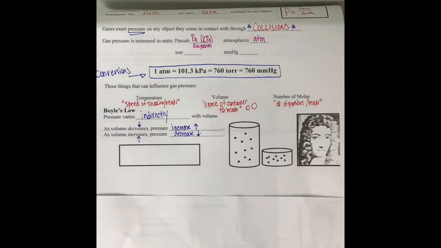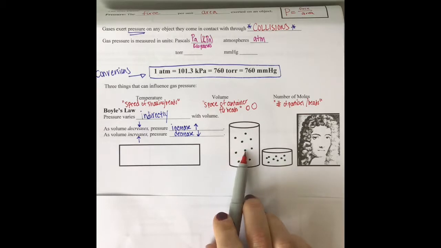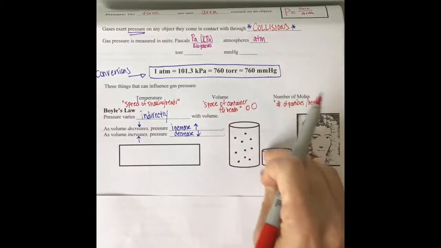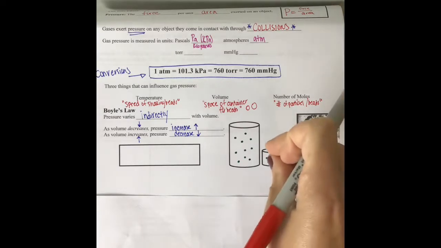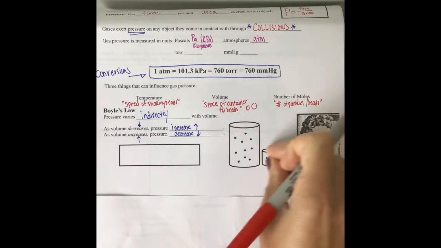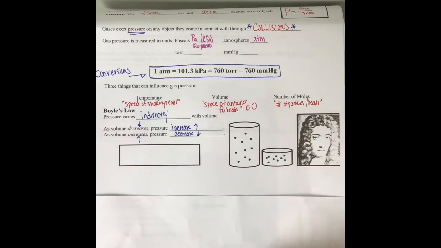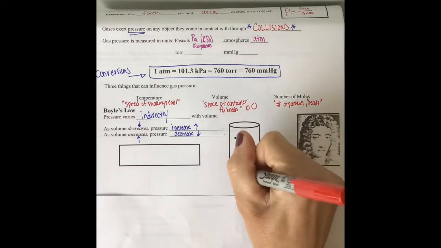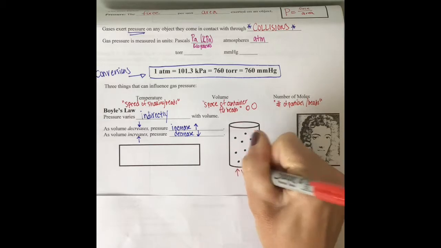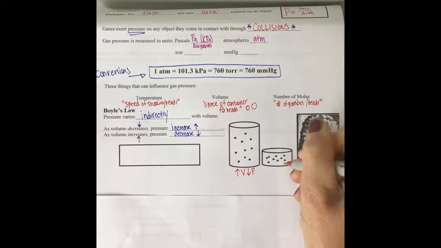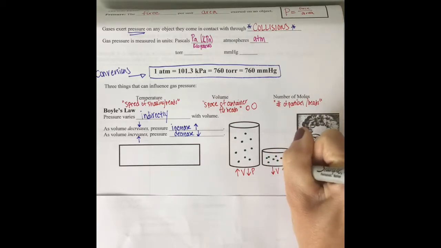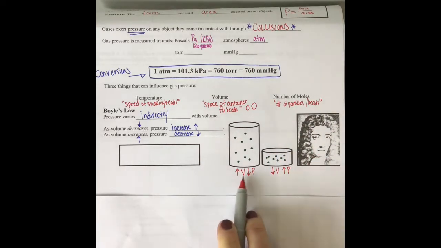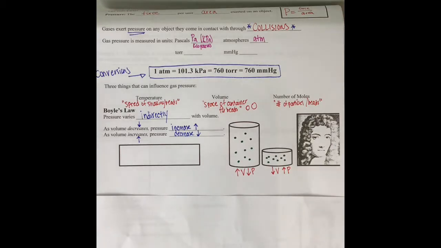Okay, so when you look at this in terms of pressure, if I decrease the volume of the container, the pressure should go up because there are going to be more collisions with the walls of the container because they have less room to move. So we can write it this way. I have a high volume, I have a low pressure. Okay, I have a low volume, I should have a high pressure. They are indirectly related to one another.